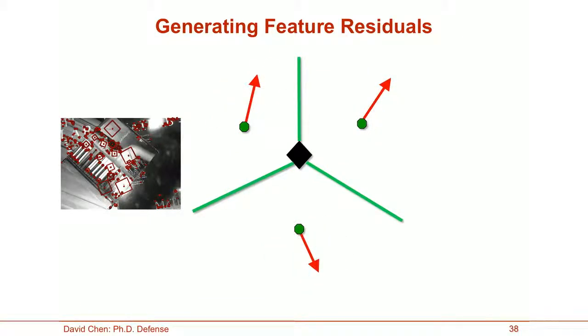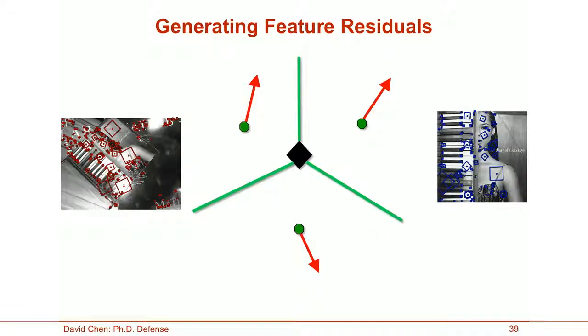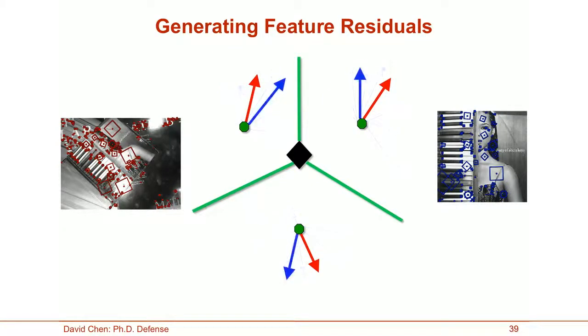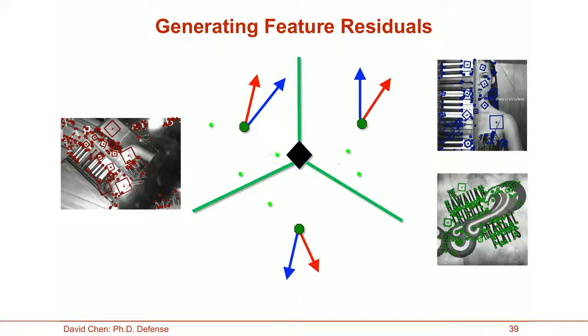We'll aggregate these residuals into a mean residual for each codeword. Then we can repeat this process for a database image: quantization of feature descriptors, formation of feature residuals, and aggregation into the mean residual. The process can also be repeated for a non-matching database image.